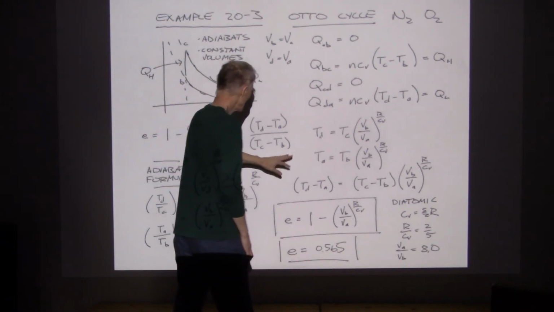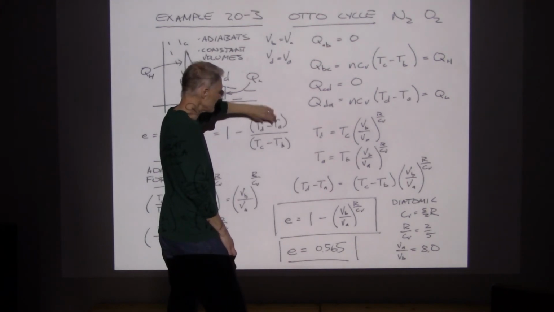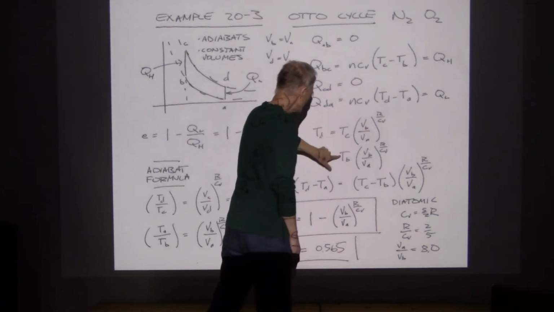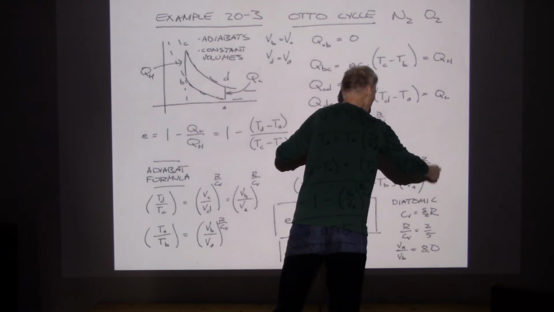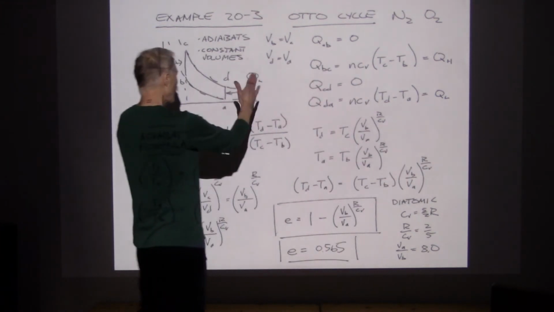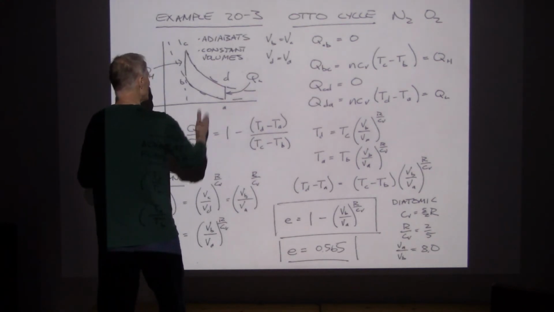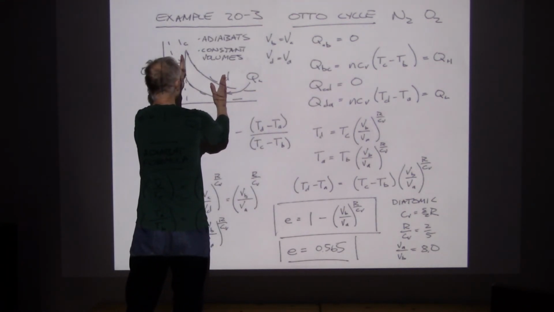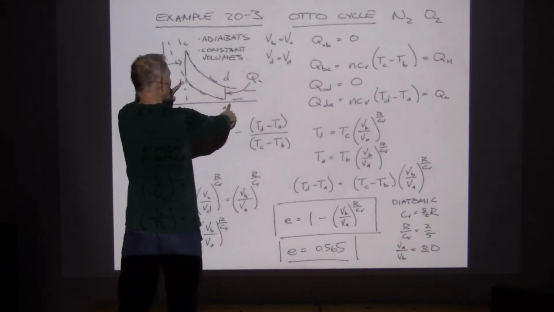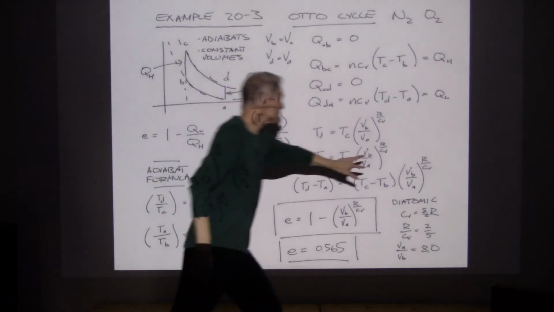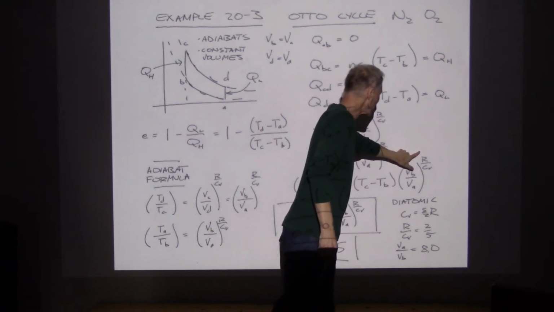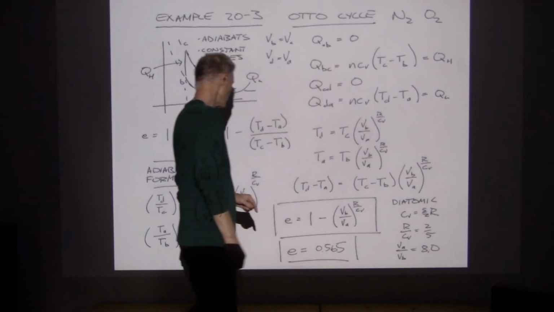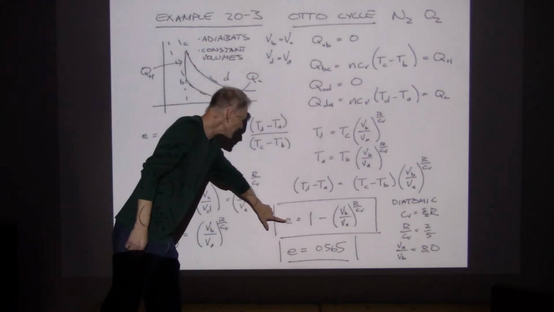So what this is saying now is that TD minus TA is equal to TC minus TB times the ratio of the volumes. So I'm operating between two volumes, right? Volume A and volume B. Volume C and D just match up with A and B. So here is my compression ratio, and it is to the R over CV value. And so that is the formula.